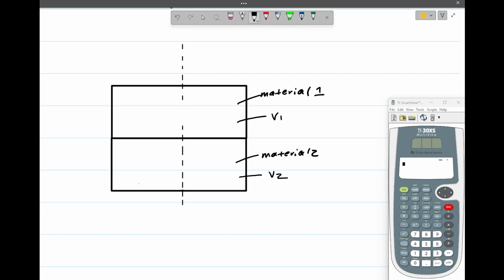And then we have our incident angle, and normally we call that theta 1. And then you have your refracted angle, and we'll call that theta 2.